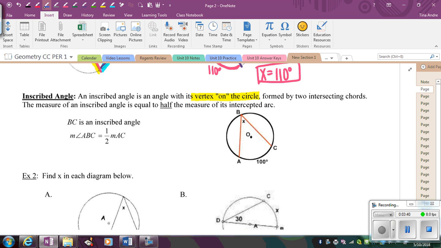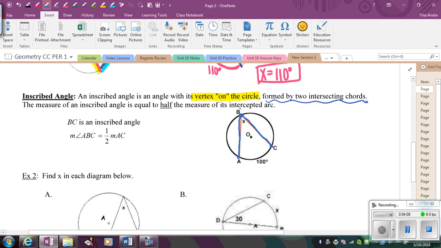The vertex of this angle, angle B, is on the circle, and the other parts of the angle are formed by two intersecting chords. You can see that the angle is completely contained in the circle, and mainly this vertex B is what we care about, being on the circle.